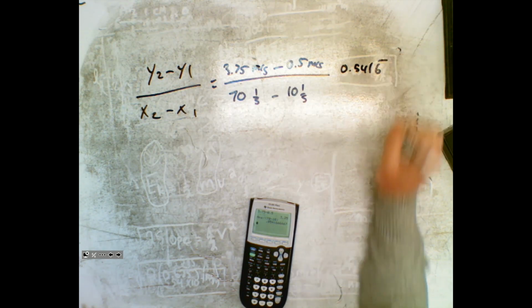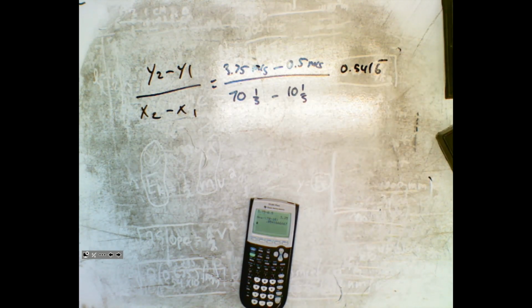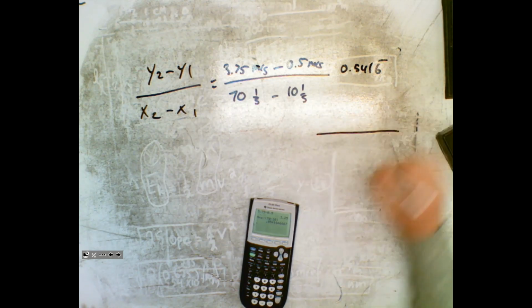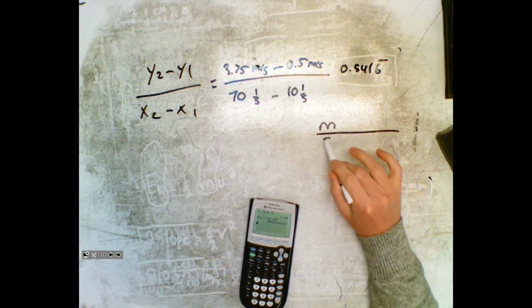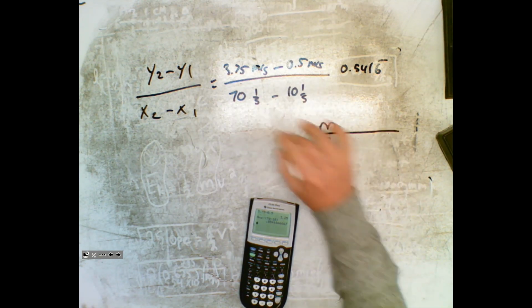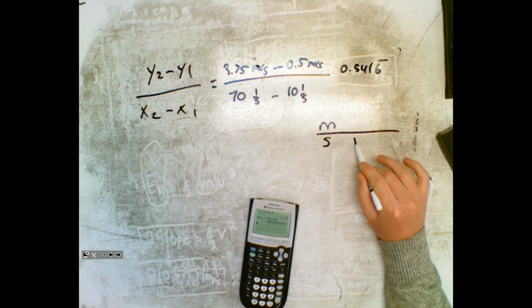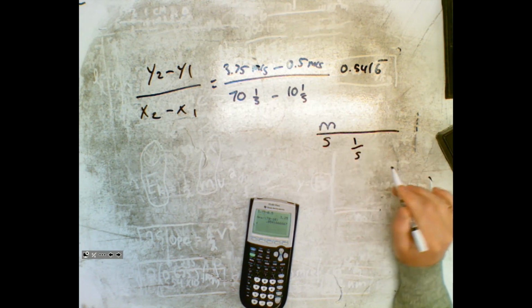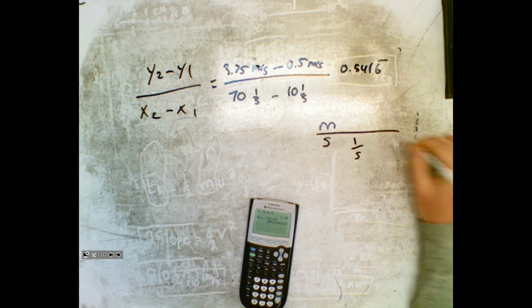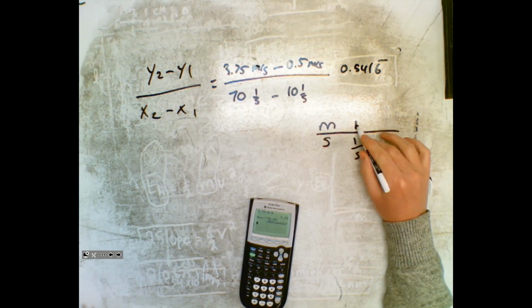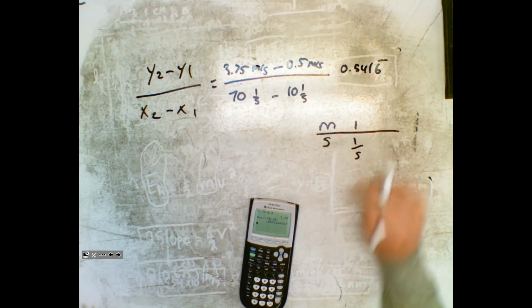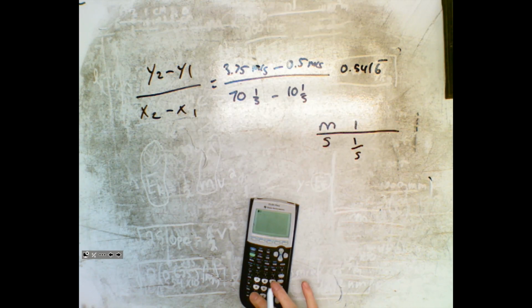0.5416 repeated. Now the units for this one are a little bit tricky, and the way that I do these units is I just draw a line. So we start off with meters per second. So for the top one, I start on the top, and then the bottom one, I start on the bottom. So we have 1 over seconds. So what you need to know is anytime you have, I can add a 1 here, it doesn't change anything. Anytime I have 1 over seconds, it's the same thing as having 1 over 4.